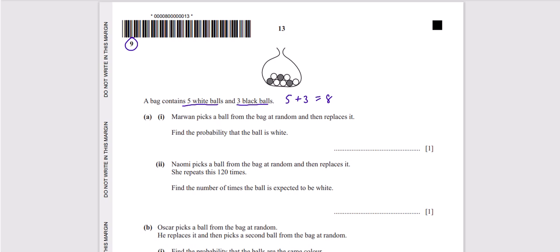Find the probability that the ball is white. First of all, we find the probability of white ball is equal to number of white ball. Number of white ball is 5 divided with total ball. Total ball is 8. So the required probability is 5 over 8.